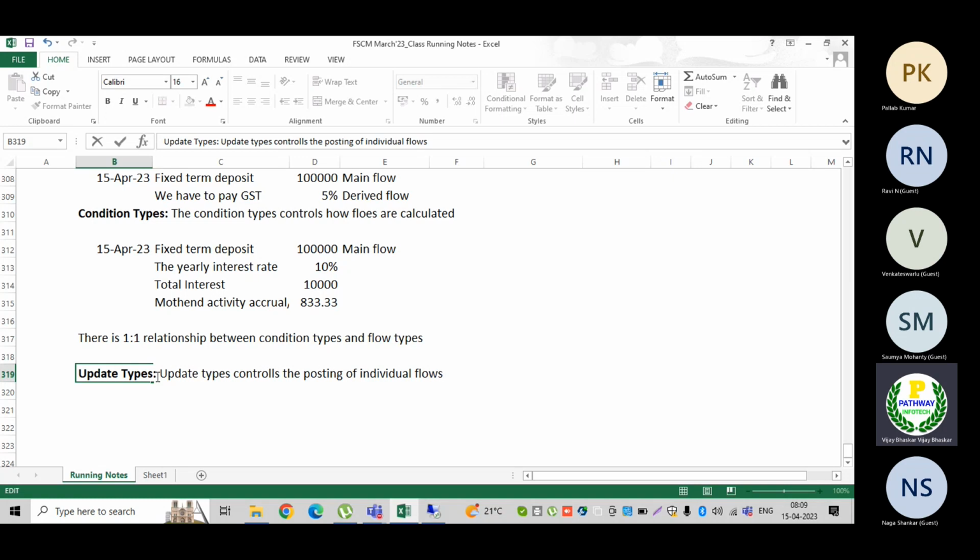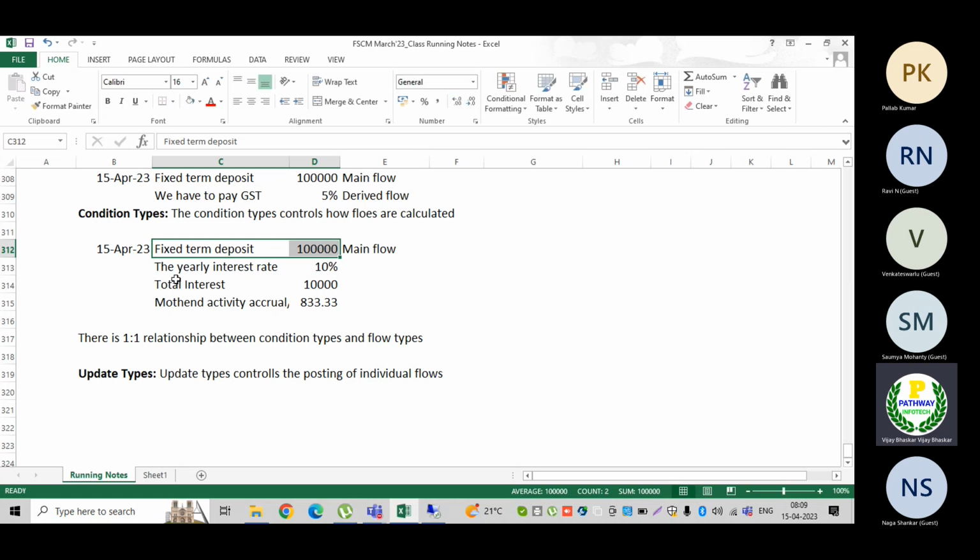Now if I want to update this, let us assume this is a fixed term deposit. This is my principal amount which I am investing. Then this is my nominal interest.